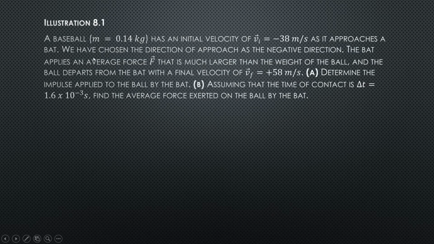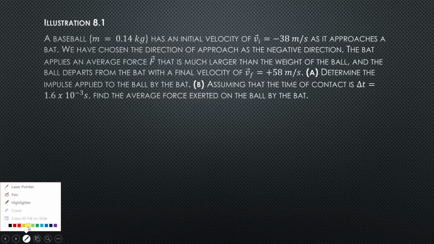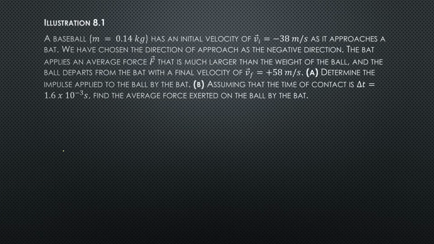So, considering illustration 8.1. A baseball has a mass of 0.14 kilograms. The ball has an initial velocity of negative 38 meters per second as it approaches a bat. We have chosen the direction of approach as the negative direction.